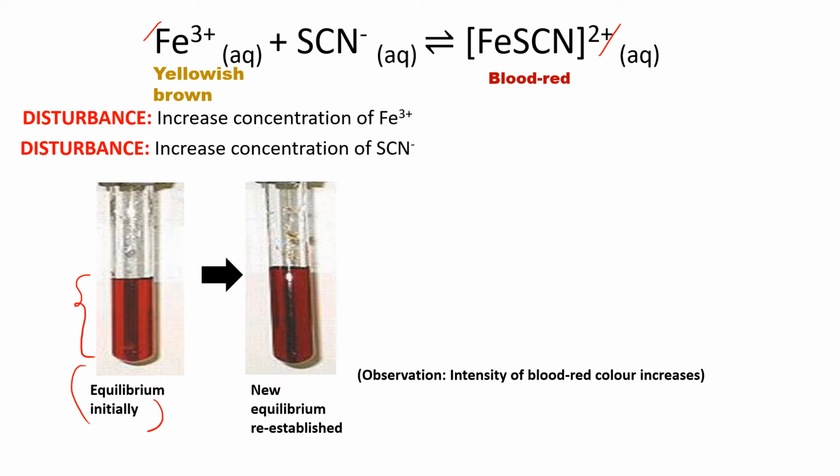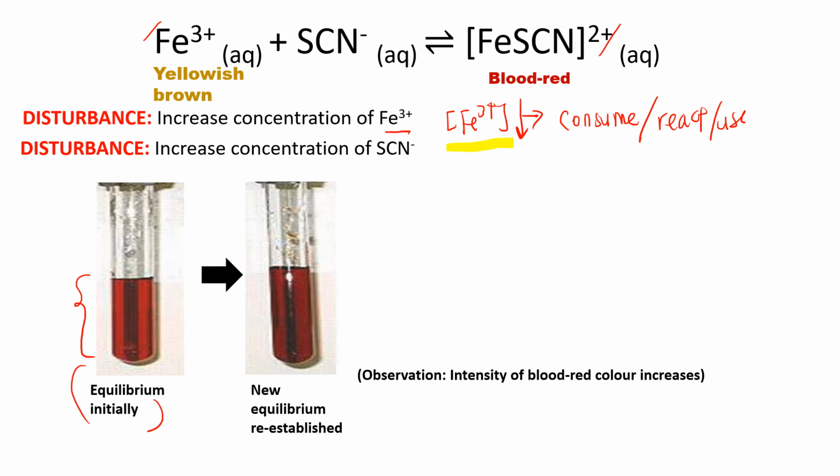Okay, now we study 2 cases. Case number 1 is a disturbance. I increase the concentration of Fe3+, meaning that you must reduce the concentration of Fe3+. So how you reduce the concentration of Fe3+ is you must consume it. You must react, or you must use it so that the concentration of Fe3+ can reduce. Okay, so how do we reduce the concentration of Fe3+?